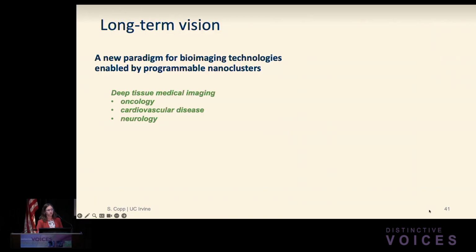So deep tissue biomedical imaging could impact many different fields of biomedicine, from the study and treatment of cancers to cardiovascular disease to neurology. You might remember at the beginning of the talk, I showed the light scattering in the brain. So brain tissue is very challenging to image in. This is one of these holy grails of imaging that perhaps could be solved with near-infrared deep tissue imaging.